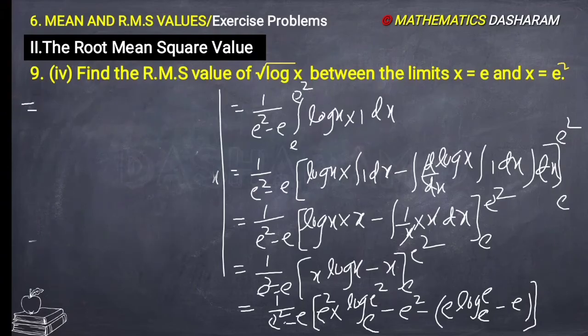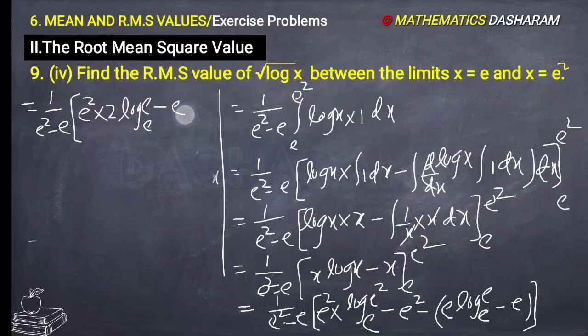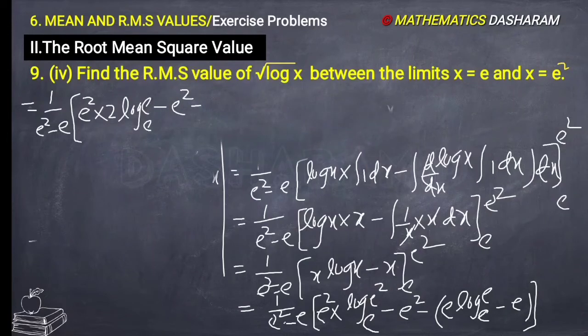So it is equal to 1 by e square minus e, and e square into log e square base e, that is 2 into log e base e, minus, e square minus bracket of e into log e base e, answer 1, minus e.